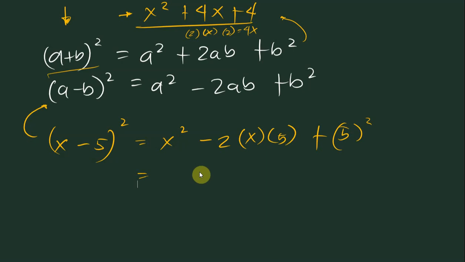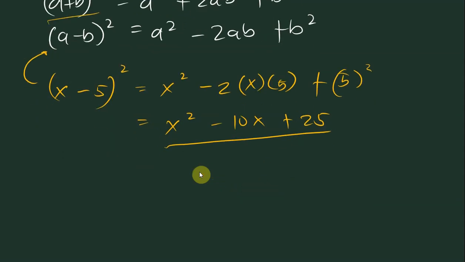Okay, so the answer will be x squared minus 10x plus 25. Okay, so that's it for square of a binomial.